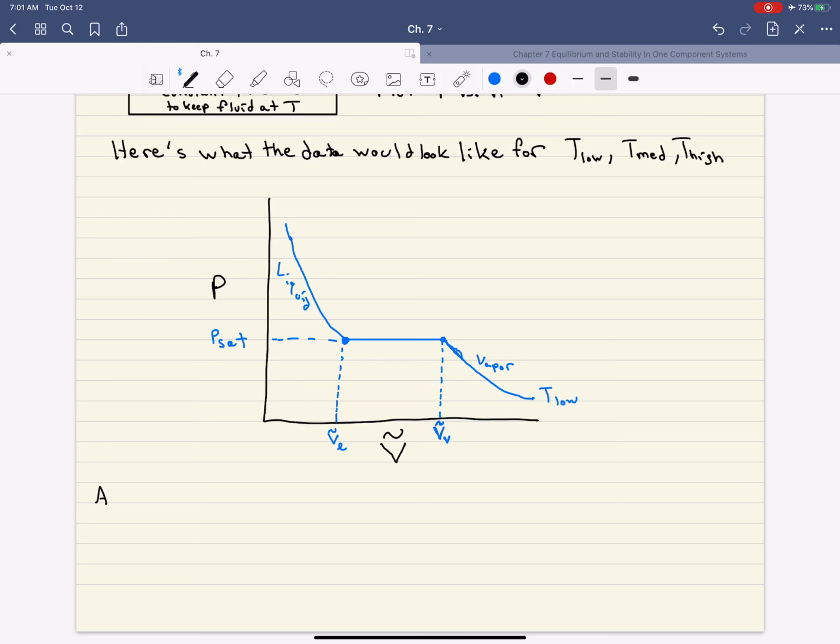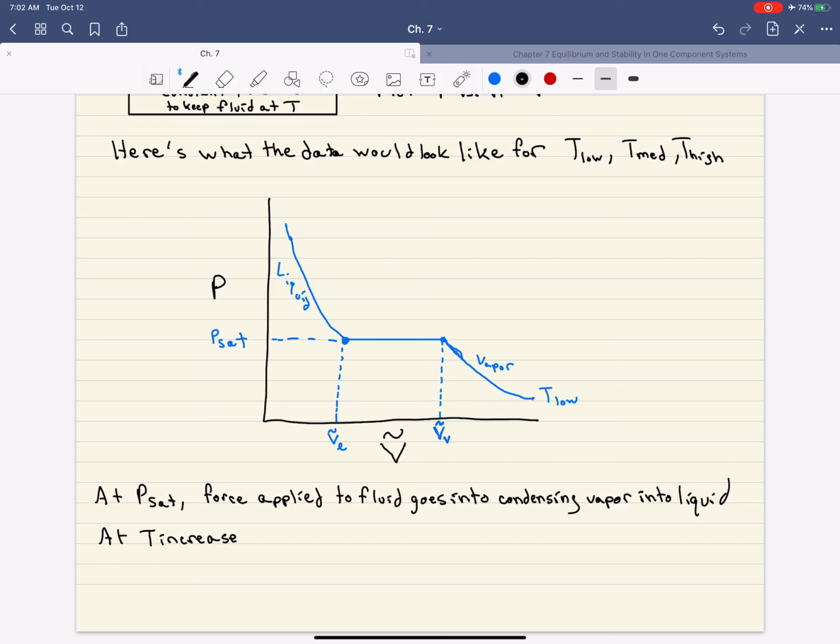So at PSAT, force applied to fluid goes into condensing vapor into liquid, and then as T increases, the difference between the molar volume of the vapor and the liquid also decreases.